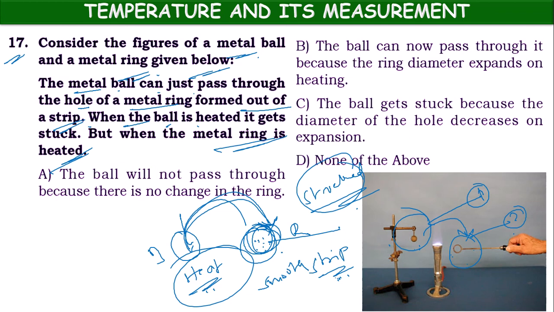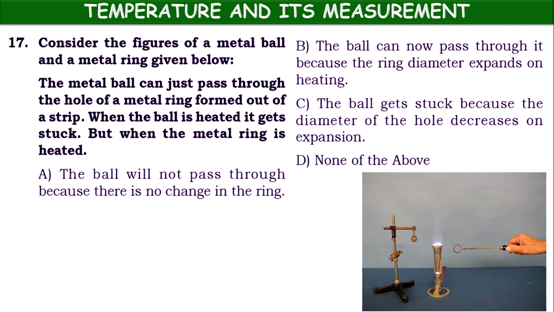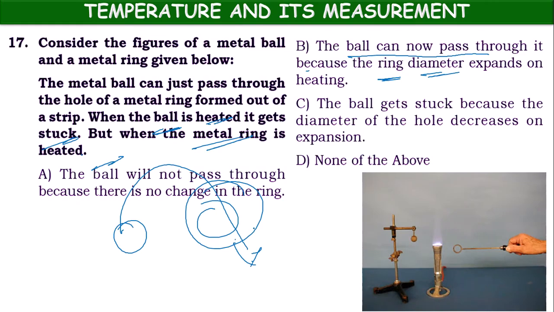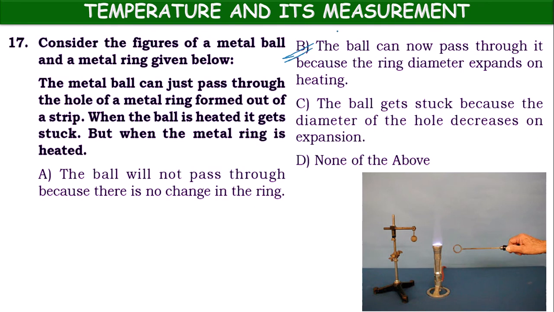When the metal ring is heated, this ring will expand. Now the ball can pass through the metal ring. So first, when the ball is heated, it gets stuck. But when the ring is heated, the ball can pass through the ring because the ring diameter expands on heating. So the ball can easily pass through the ring. So option B is correct, children.